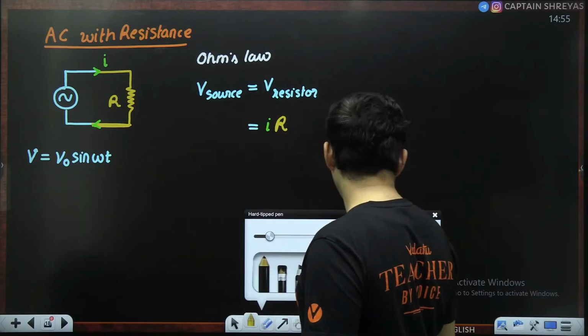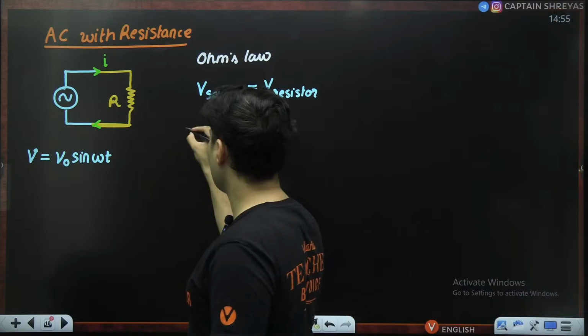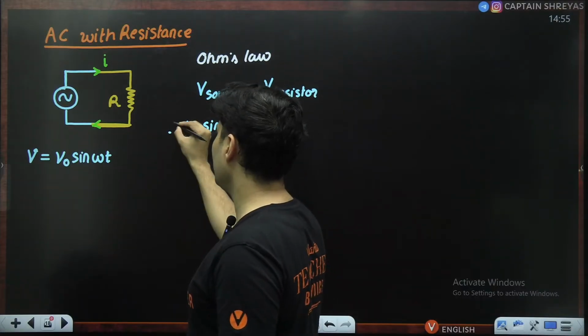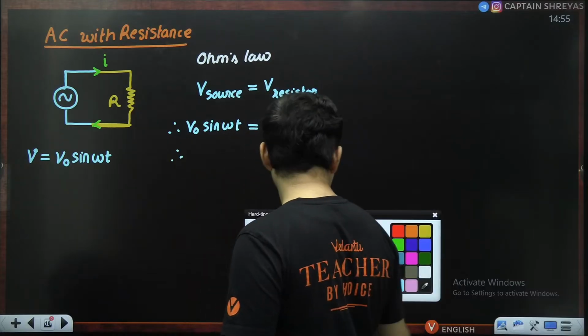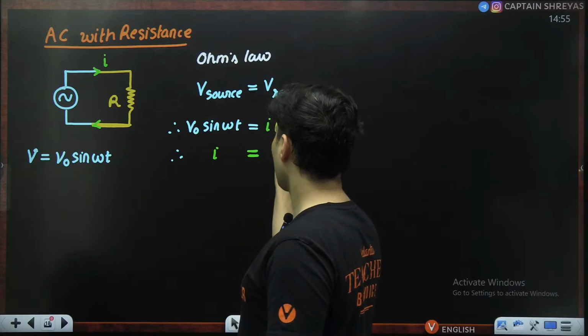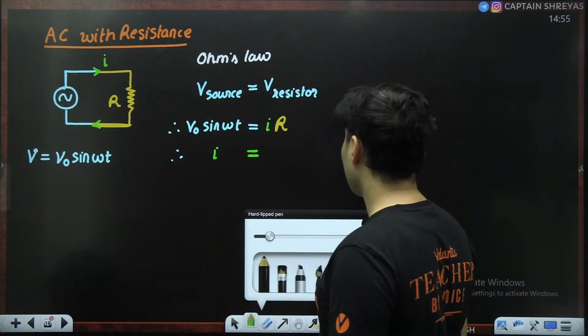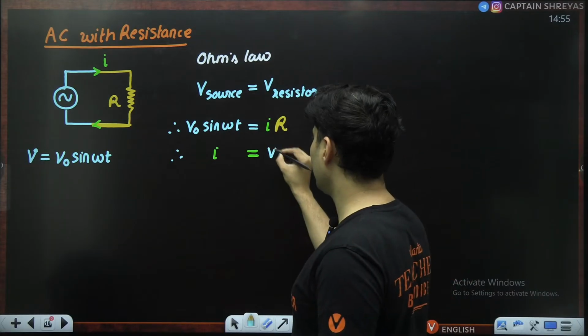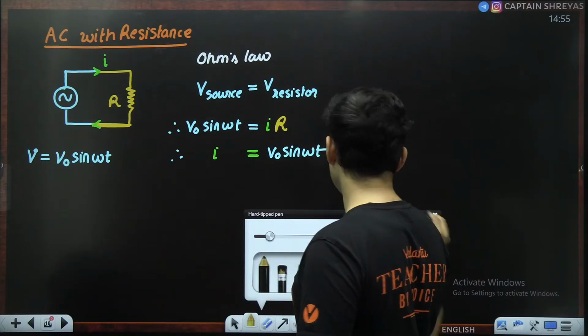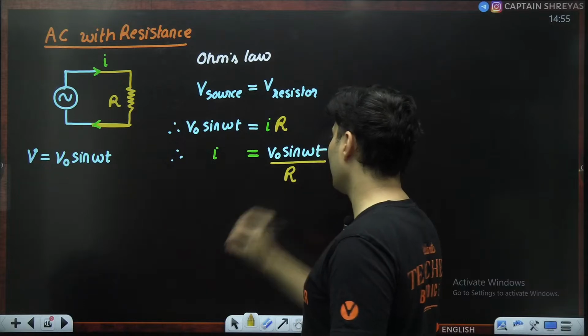What is the voltage of that source? It is nothing but V naught sine omega t at any given instant. So from this, if I try to find the value of the current, R will go below, and I have V naught sine omega t, the whole thing divided by R.